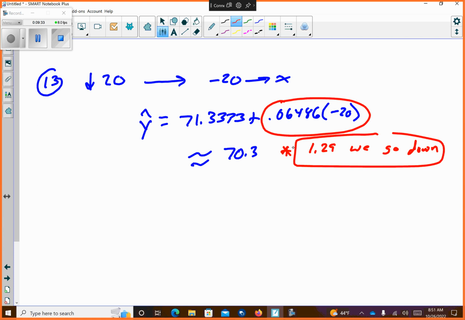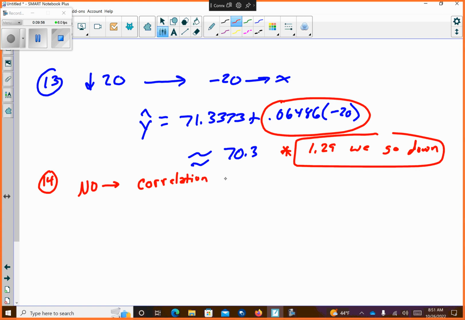Okay? All right, number 14. Says, do you feel that changing your cholesterol level will directly result in a change to your blood pressure? We're going to say no. And this is one of the most important things that we talked about a while ago.